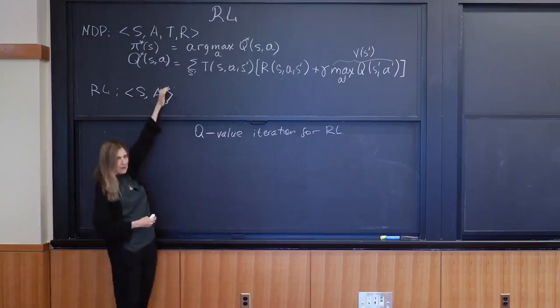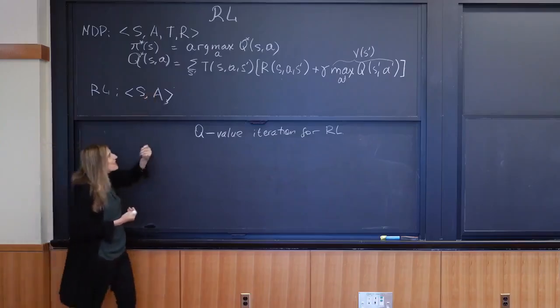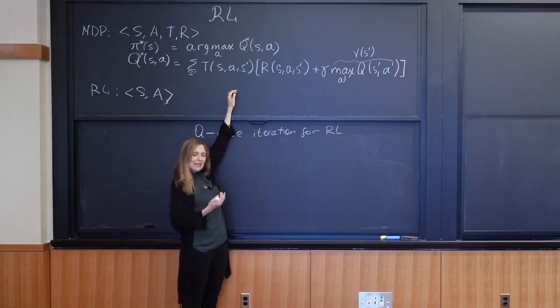This is the formula that we saw last time from the Bellman equations. And the reason we needed transition information is that you can see here that we take a weighted average over different states s prime.